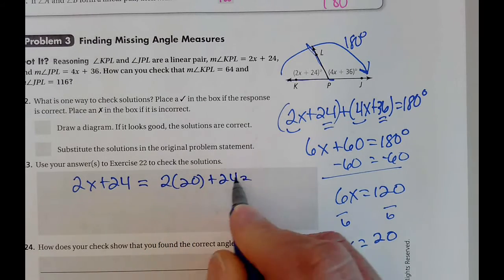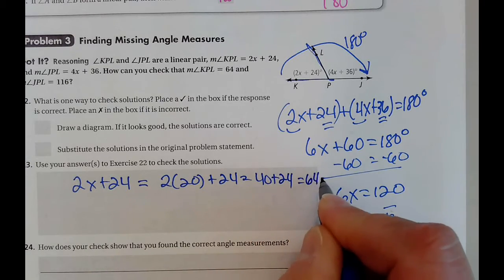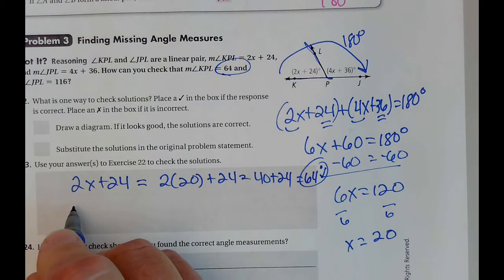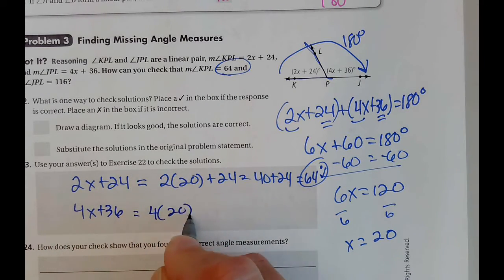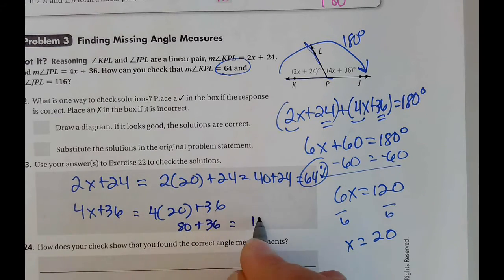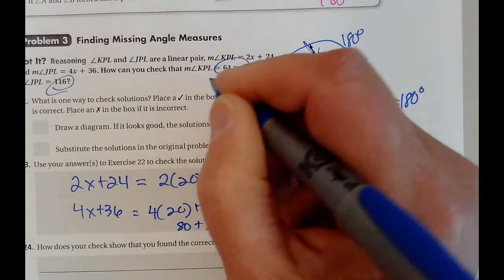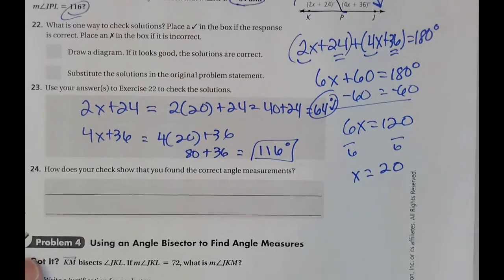We're going to get 40 plus 24, which is 64 degrees. And that is what it told us. We've got 4x plus 36. 4 times 20 plus 36 is 80 plus 36, which is 116 degrees. Woo! So we know that is true. It works. All right, awesome.